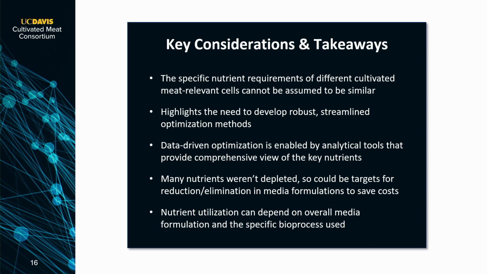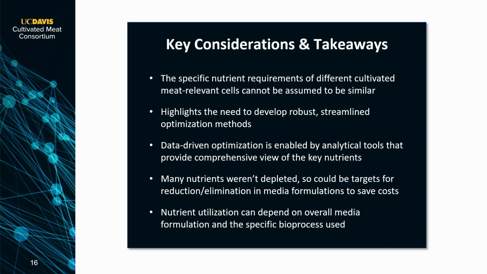So just to summarize some of the key takeaways of this proof of concept general approach to media optimization, really it makes sense, but you can't really assume that different cell types will have the same media requirements, and so we're going to have to spend some amount of effort and money and time into developing media specific for each cell type that we want to grow.